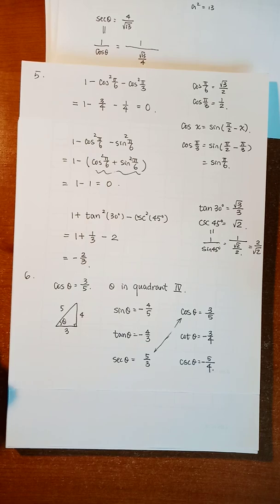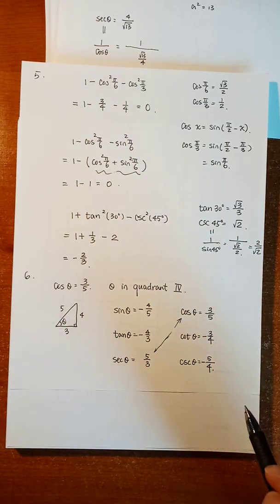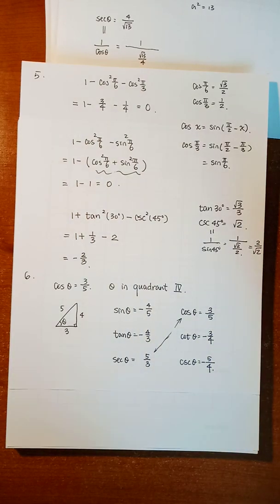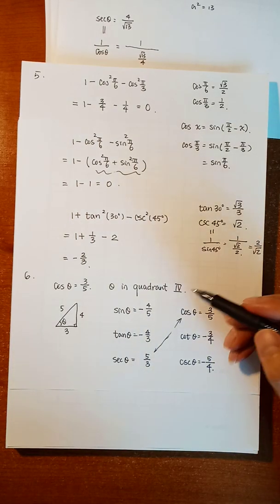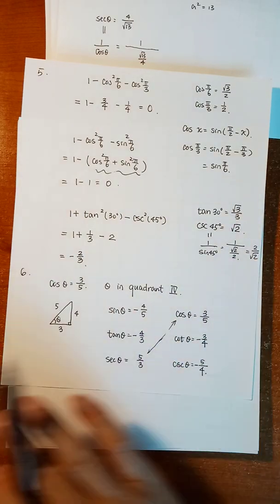So you first assume it's in quadrant 1 and get the values. And then based on the quadrant, you add the negative sign. Except quadrant 1, you always have 4 negative signs. Quadrant 2, sine and cosecant are positive, other 4 are negative.